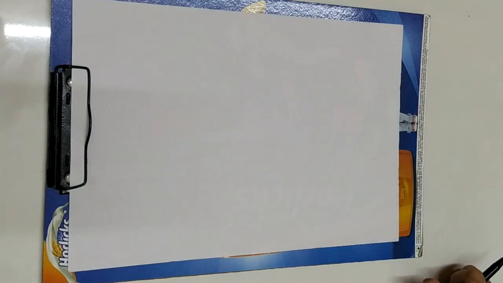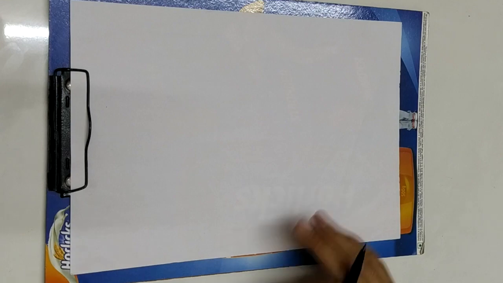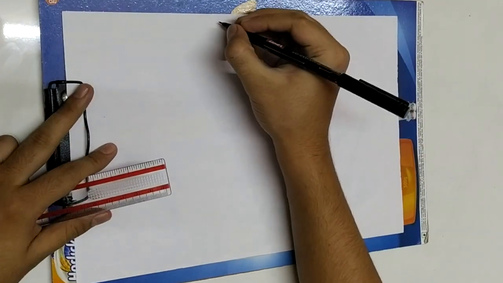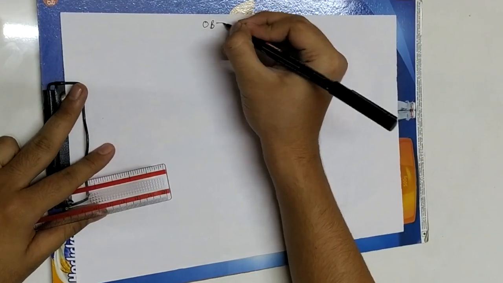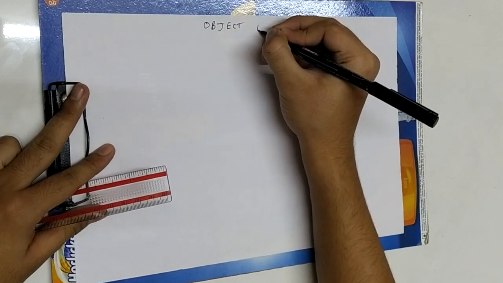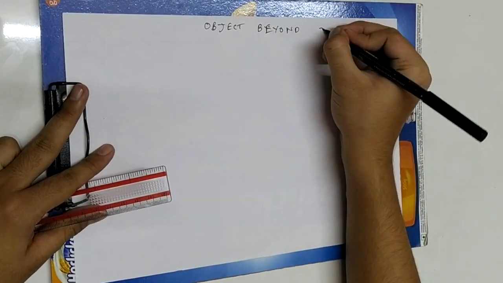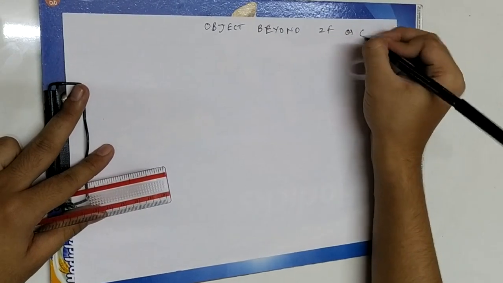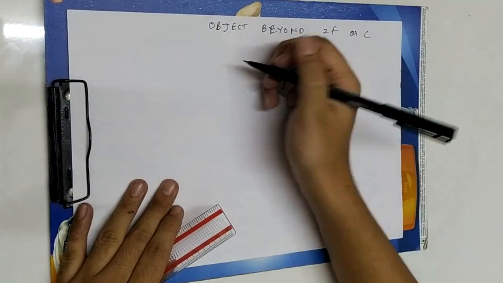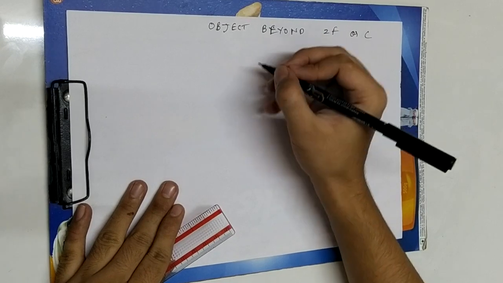Now let us look at one example. Okay, first example is object beyond 2F or C. Okay, so we will draw this.